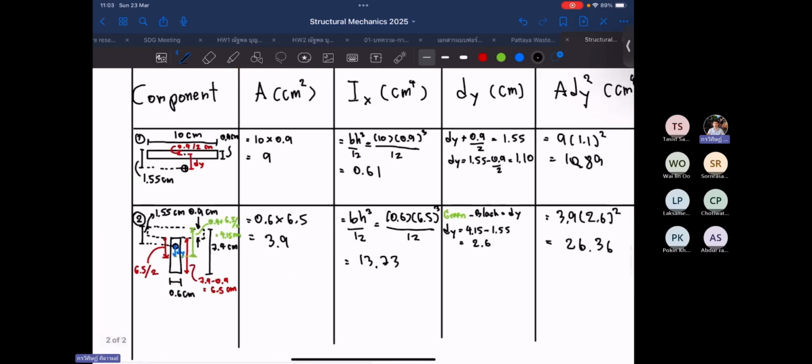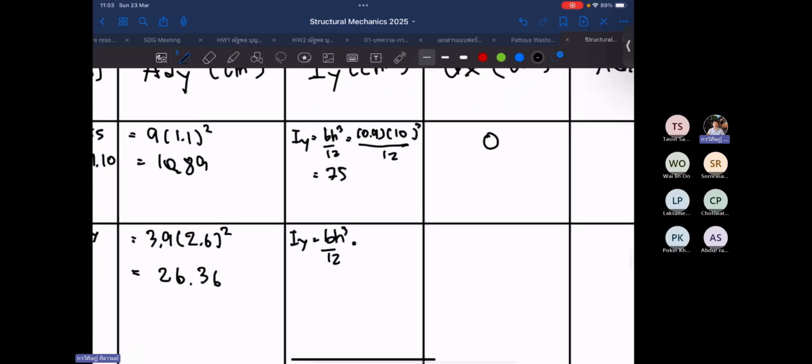This time we look at this direction. So this one will be your base and this one will be your height. The base is 6.5, the height is 0.6 cubed divided by 12. So 6.5 multiplied by 0.6 cubed divided by 12 is just 0.12.